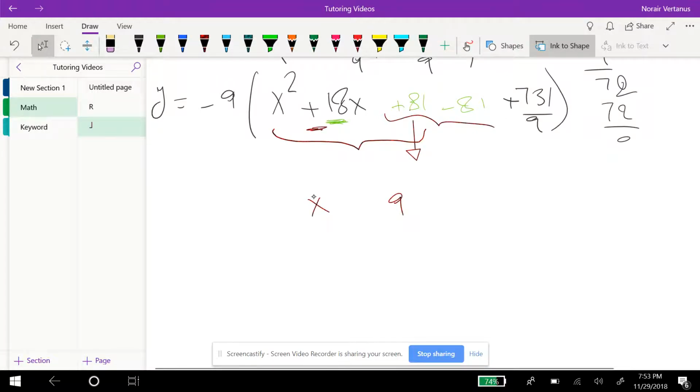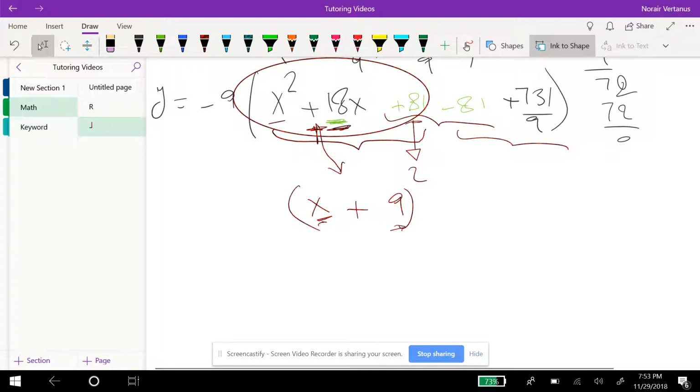The sign is positive, so it's plus. That's x plus 9 squared. See, x times x gets x squared. 9 times 9, you get 81. 9 times x times 2, you get 18x. It's a faster, more advanced way of foiling, basically. So these three converge into perfect square form. Only these two are left, which we're going to add, and then we're done.